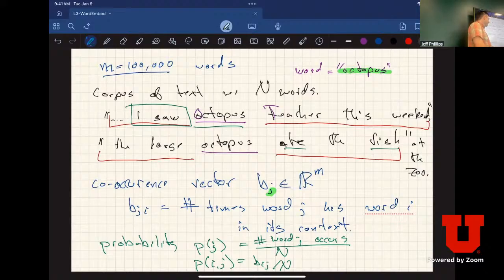So I have a probability based on just the word j occurring in the context, or out of all the words, the probability I see this particular word if I draw a random word from my corpus, and this is the probability I see two words together. And if I'm being really careful, I should maybe normalize by the size of the context window to think about the meaning of these things, but that'll be the same for everything, and it will kind of factor out.